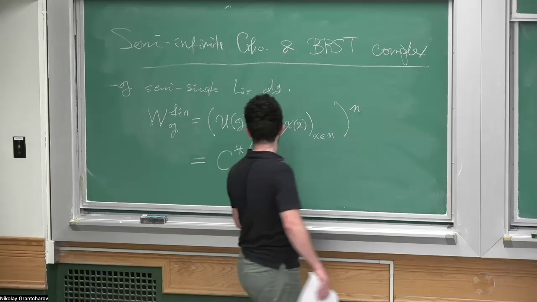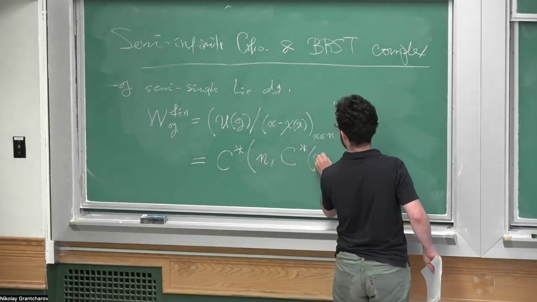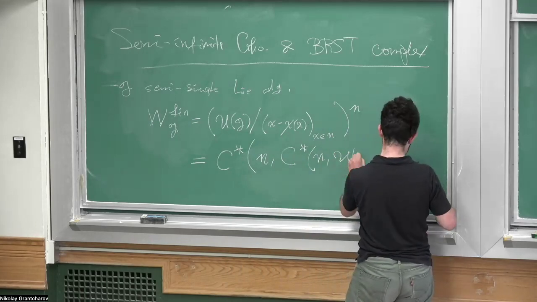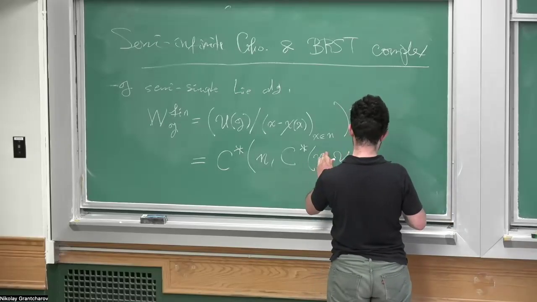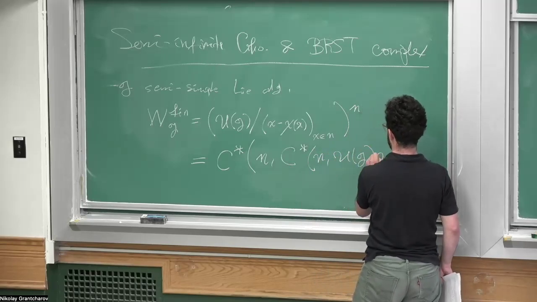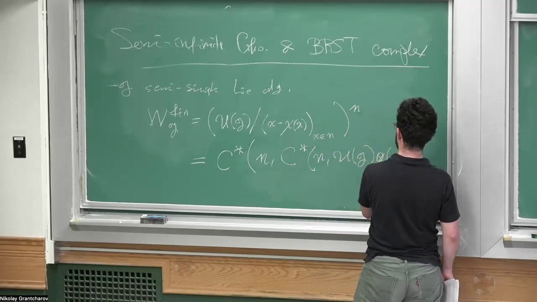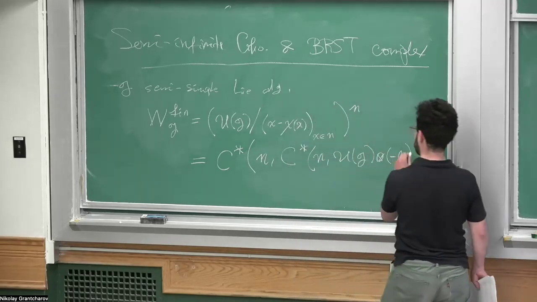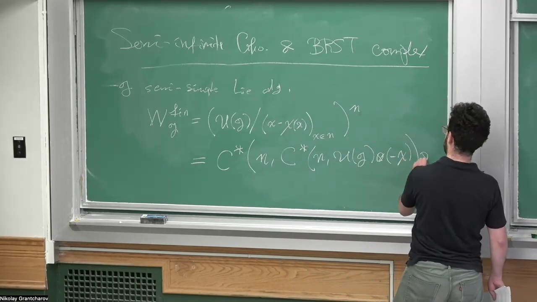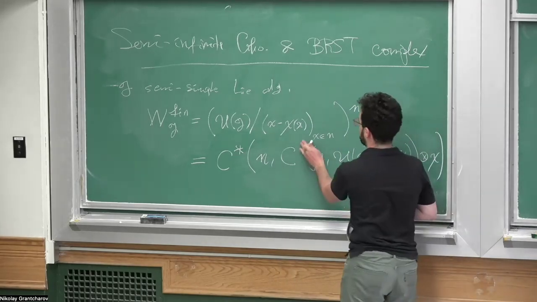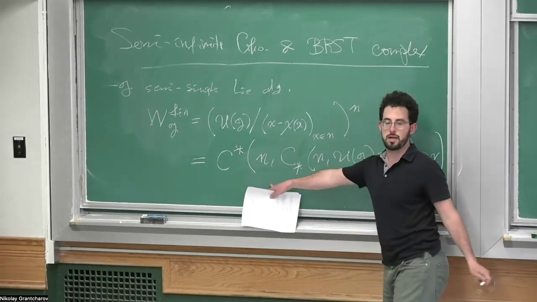So this is taking homology N of G, tensor minus the one-dimensional representation corresponding to the character. So it's taking the algebra homology, and then taking cohomology.